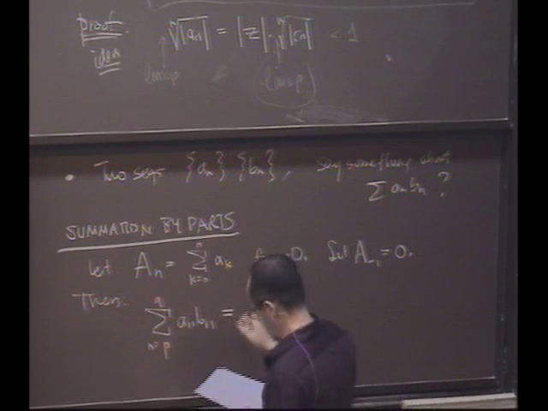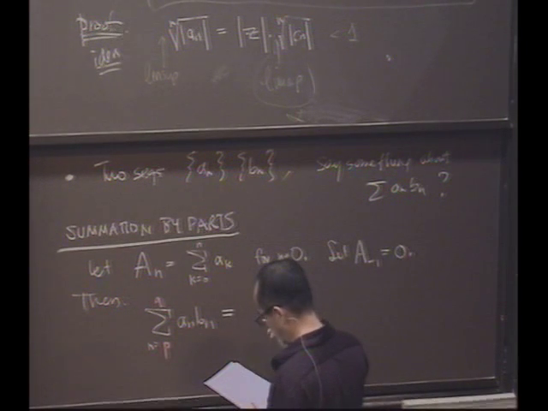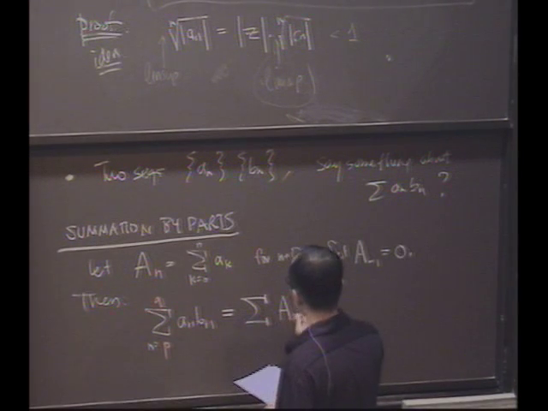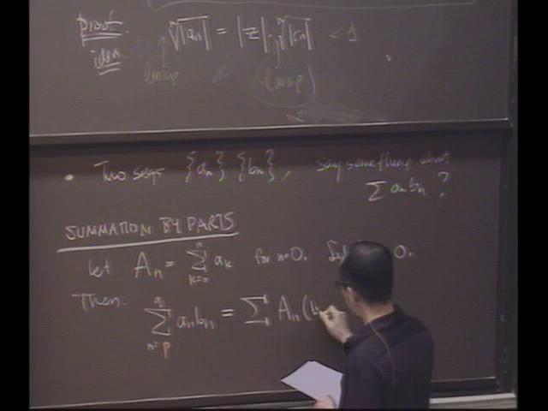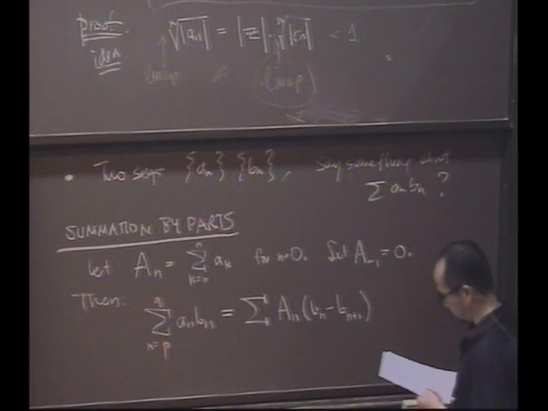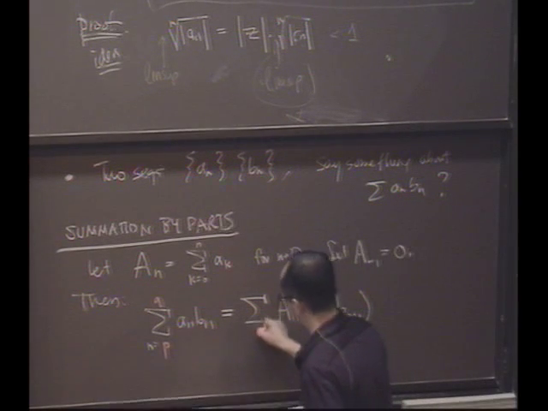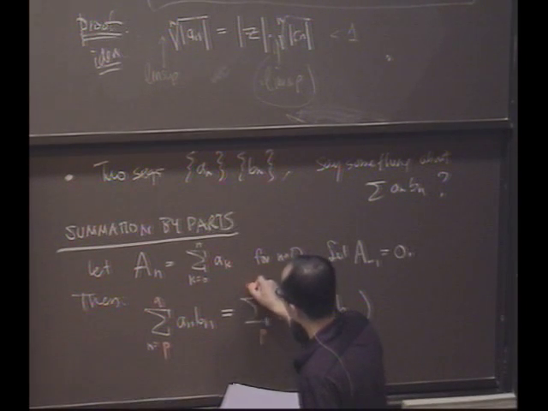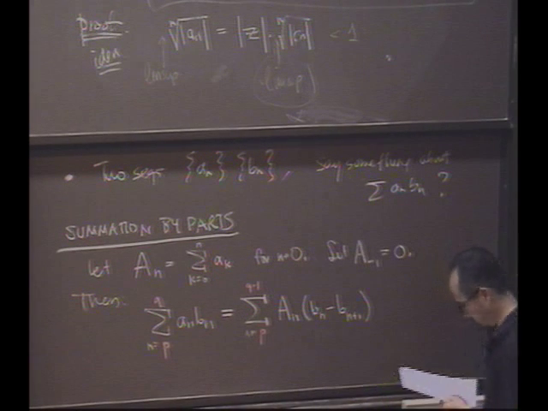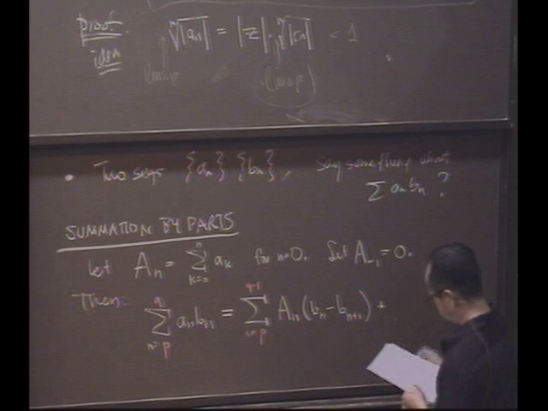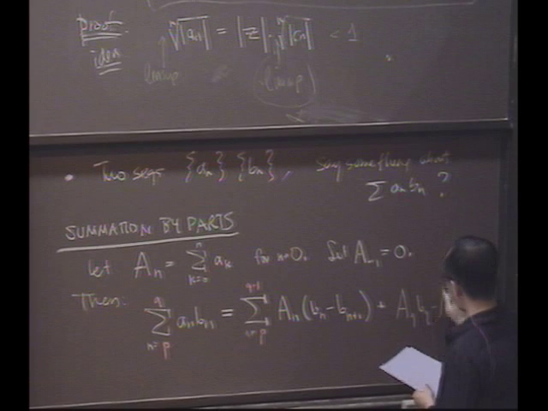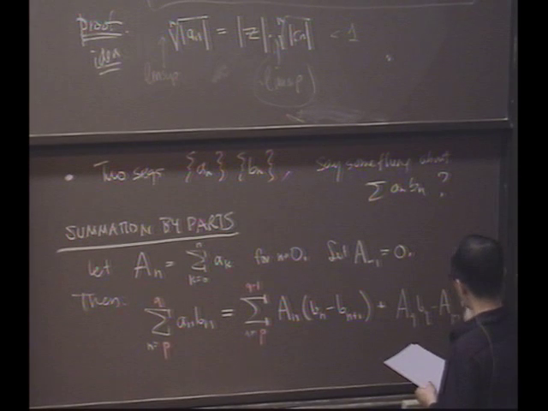The claim is this is the same as, check this out, the sum of big A sub n times (little b sub n minus little b sub n plus 1), and here n goes from P almost to Q, that is Q minus 1. I guess I will write the n here so you know that's the index. Plus big A sub q, little b sub q, minus big A sub p minus 1, little b sub p.